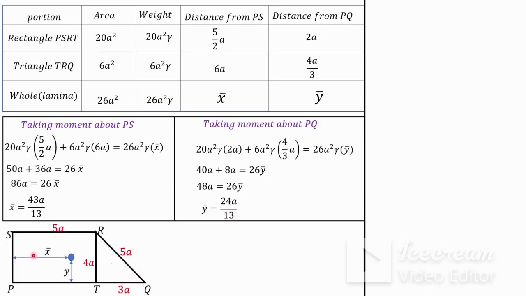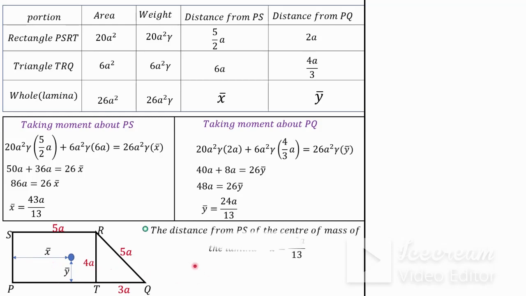As I explained, x bar is the distance from PS of the center of mass of the lamina, and y bar is the distance from PQ of the center of mass of the lamina.